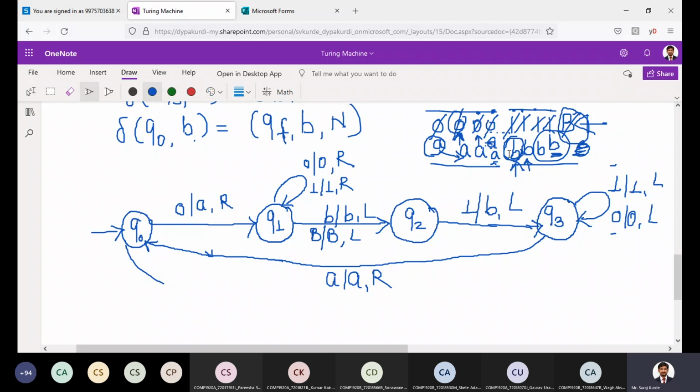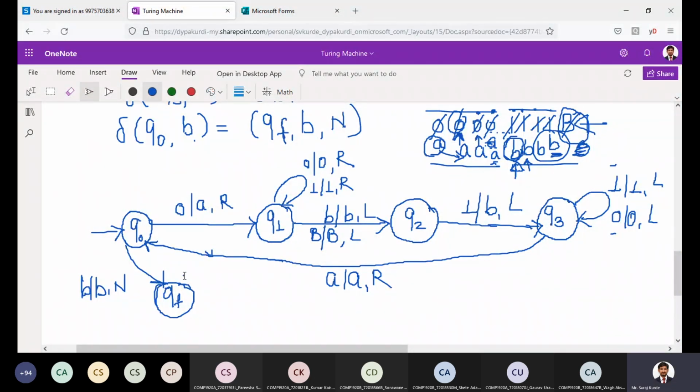So to the right of A, if it is B, keep B as it is and keep the read-write head on the same cell, the right side cell here, and move to the final state.